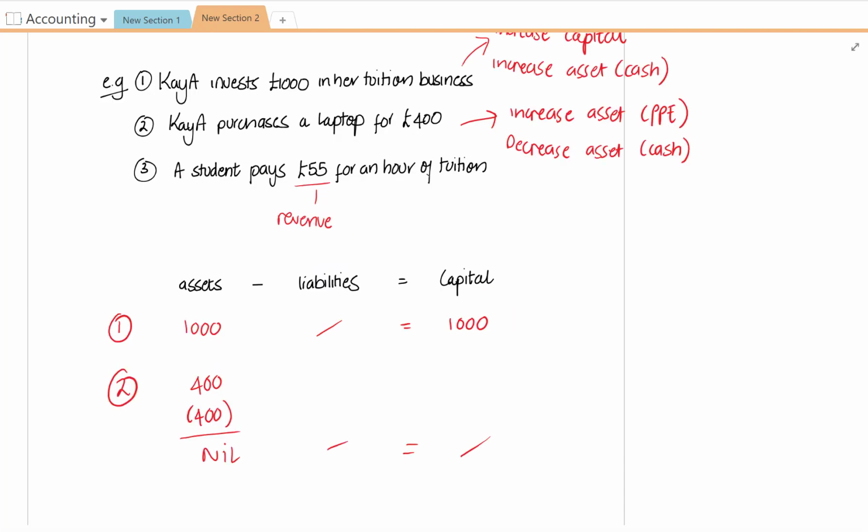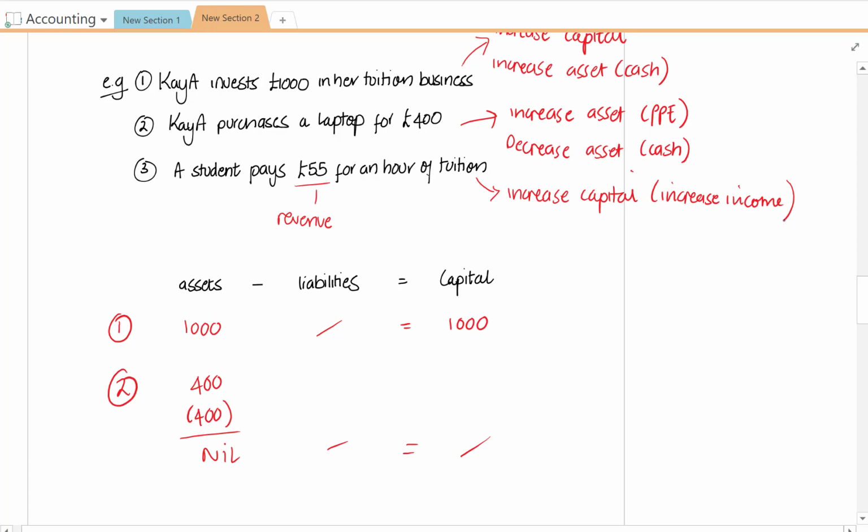So hopefully you'll agree then that this £55 income from providing tuition would increase the capital. Okay, so I'm just going to say here there's an increase to capital, and it's because of the increase in income, which in turn increases profits.